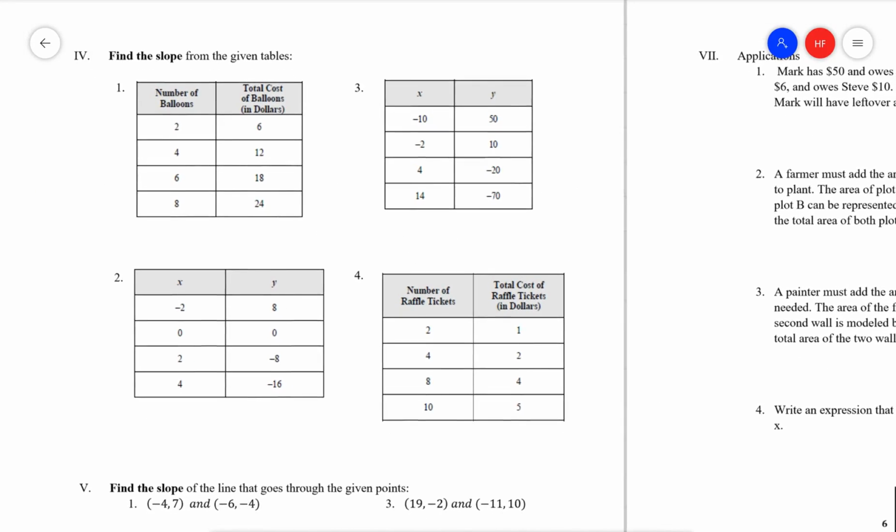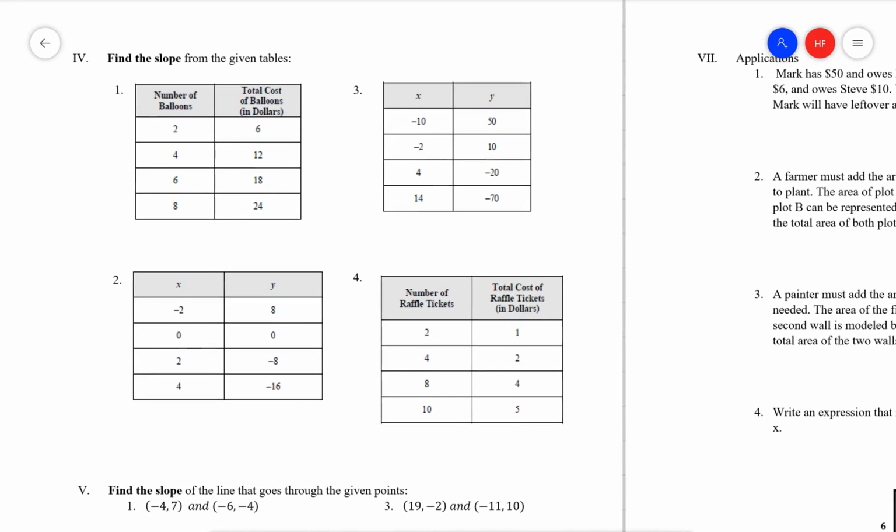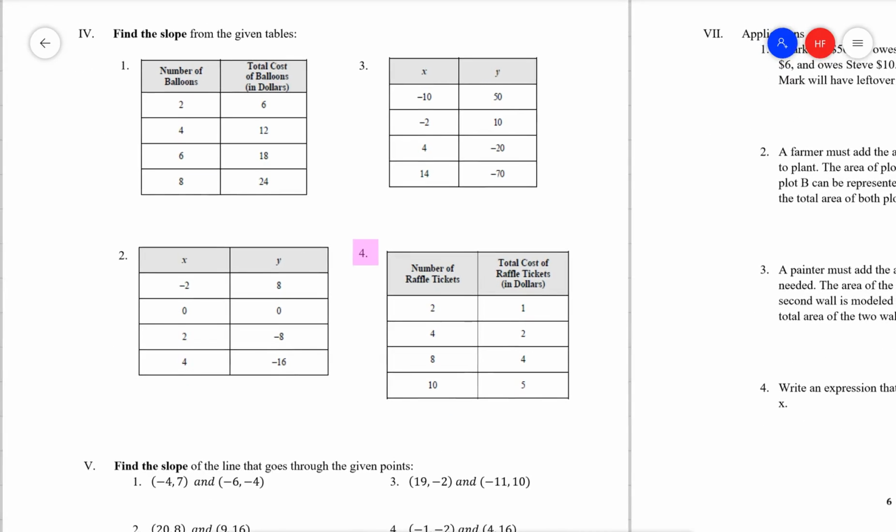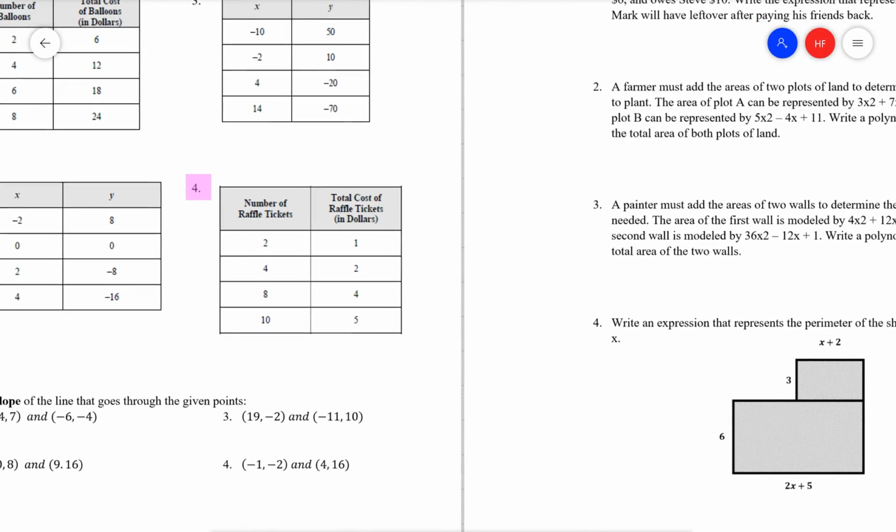Now in section 4, we're finding the slope given a table. So when you're given a table, you can do two different things. And we're going to use table number 4.